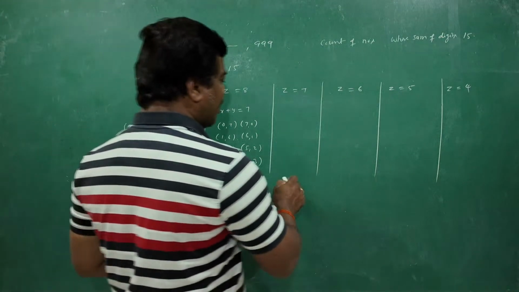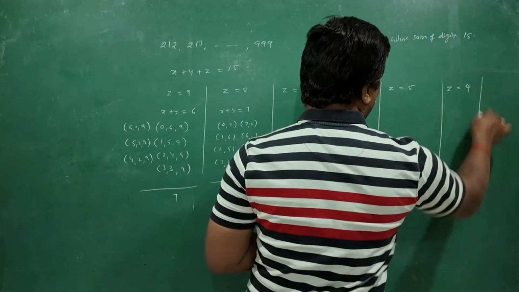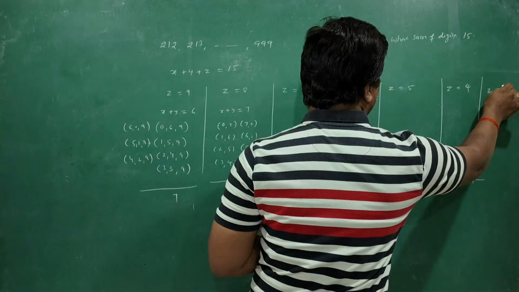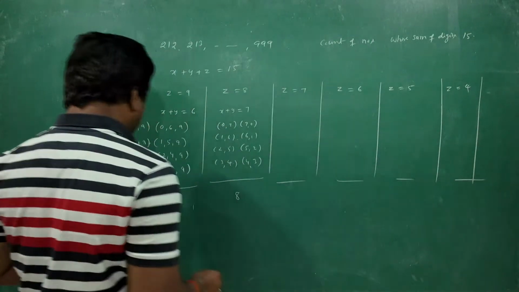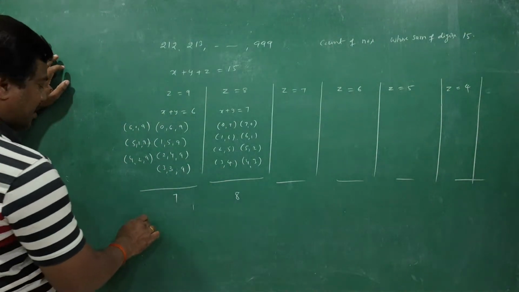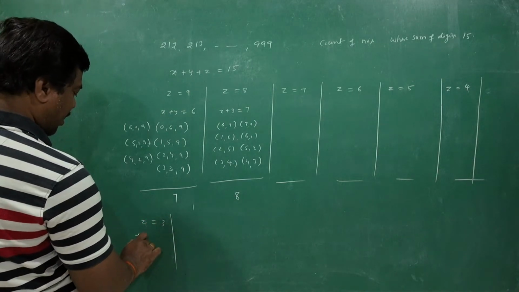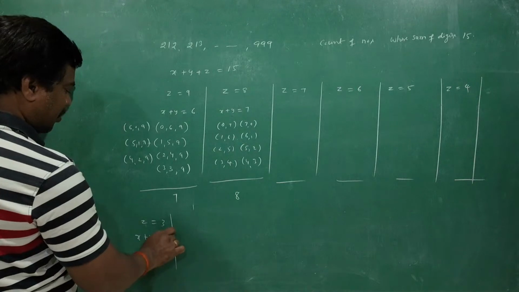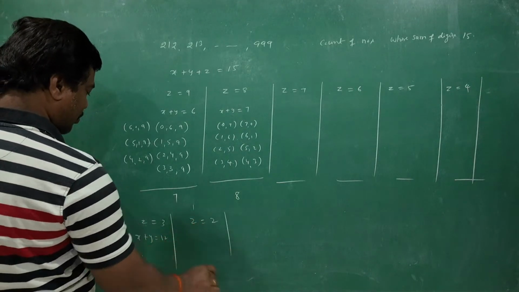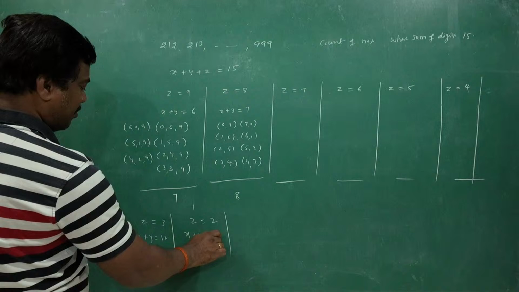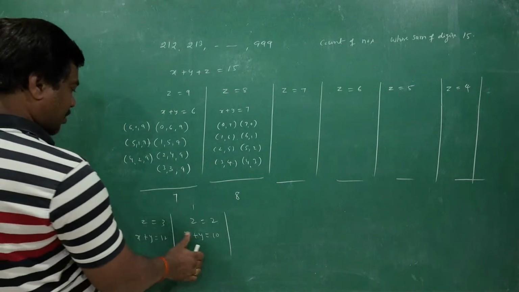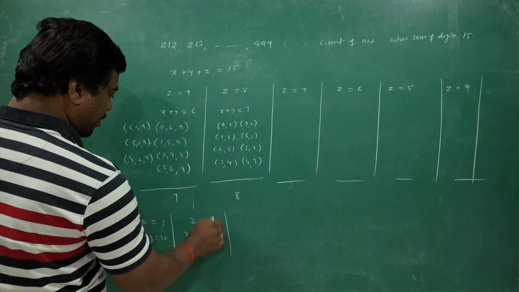In the same way you have to find all the values up to z equal to, next z equal to 3. If z equal to 3, then x plus y becomes 12. Z equal to 2, x plus y becomes 13, right?